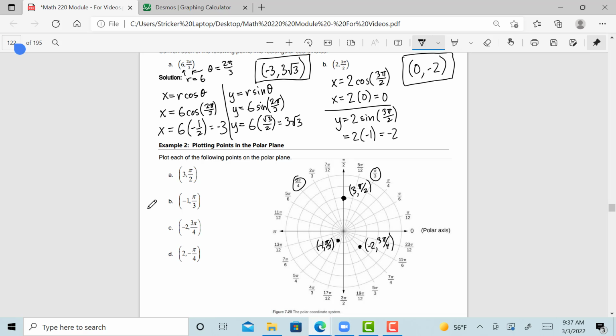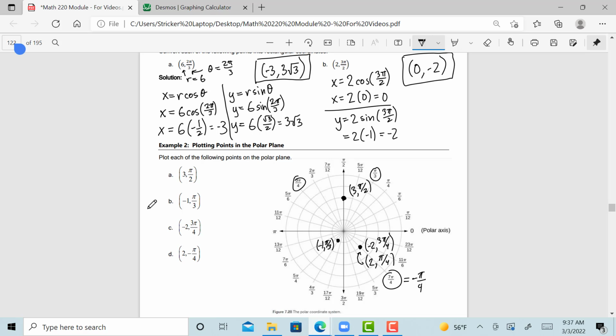So now with -pi over 4, we go in the clockwise direction. So we go basically pi over 4 clockwise, which actually is the same as 7 pi over 4. And an r of 2, that's actually the same point we just plotted. So that same point could also be the point 2, 7 pi over 4. All right, both of those describe that same point.